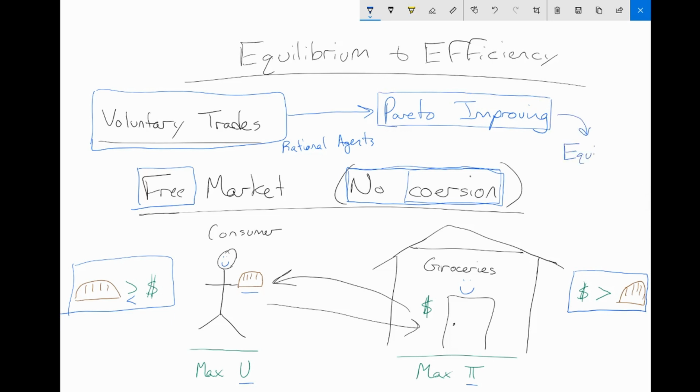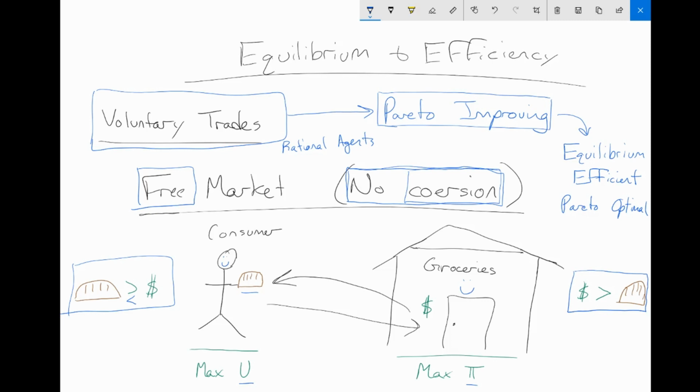If all the trades are Pareto improving, then when the market reaches equilibrium, that means when all of the trading has ceased, that equilibrium will be efficient. It will be Pareto optimal. That means no one can be made better off without making someone else worse off. Now, why would it be Pareto optimal? Because at the equilibrium, all the trading has ceased.